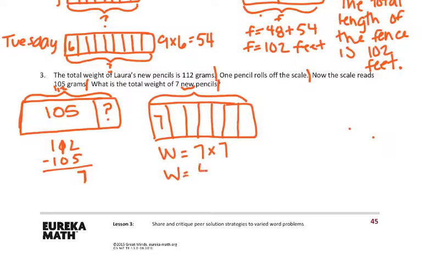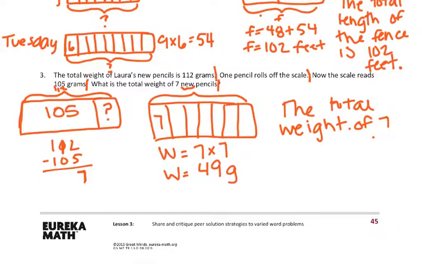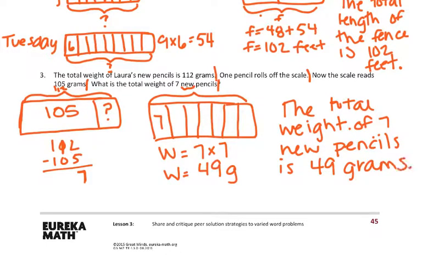So W equals 49 grams. So the total weight of 7 new pencils is 49 grams. There you guys go. Now we can move on to the next page.